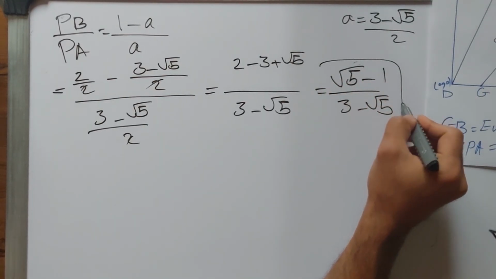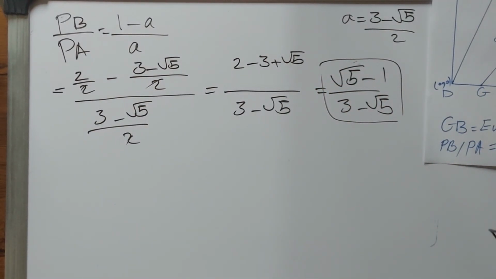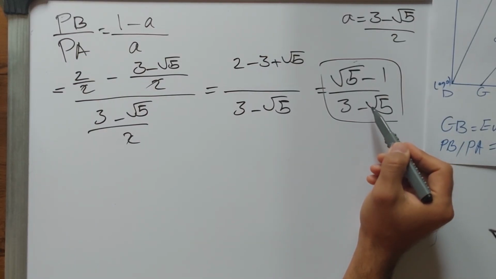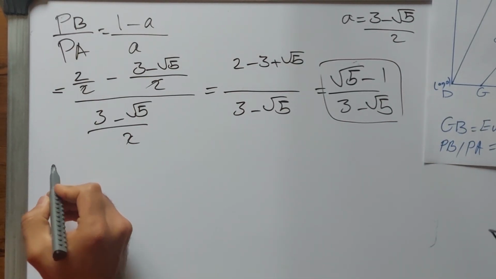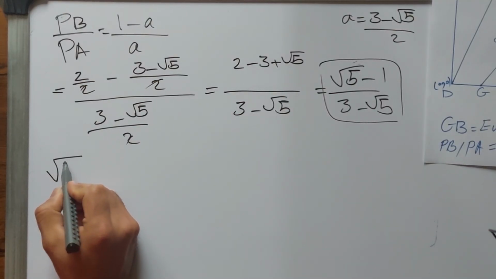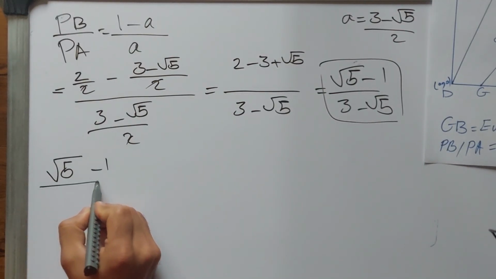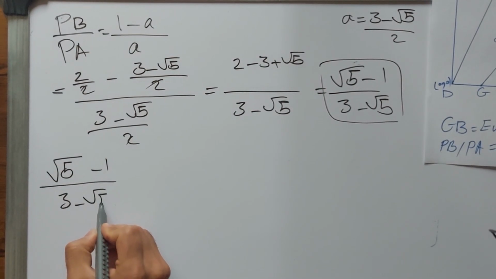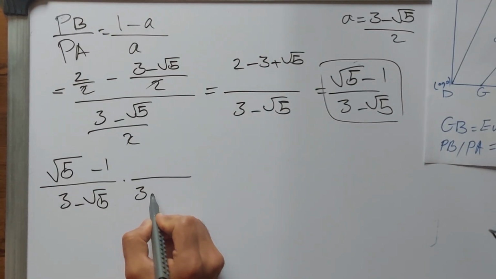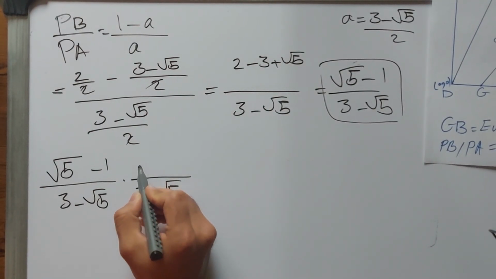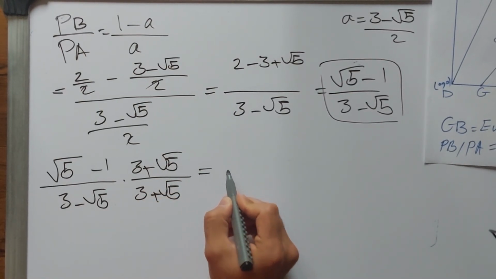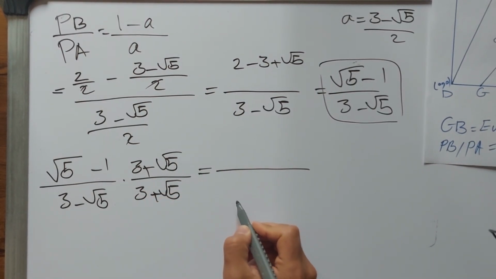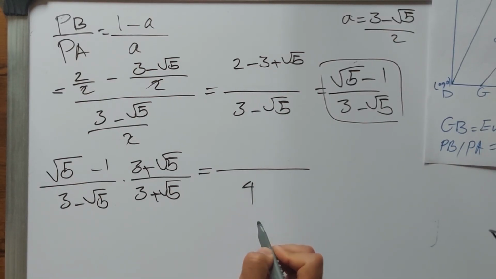So that's the answer, but we can simplify that further because there is a square root in the denominator here. So let's multiply that by its conjugate. So square root of 5 minus 1 over 3 minus square root of 5 times 3 plus square root of 5. 3 plus square root of 5, so 9 minus 5, it's 4.